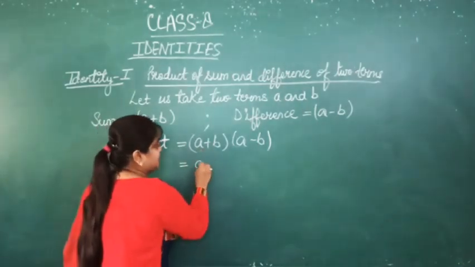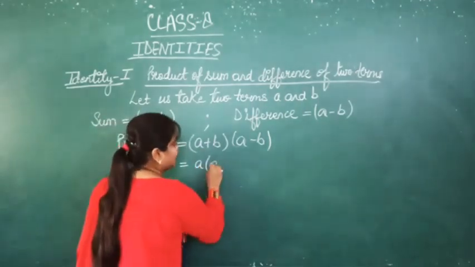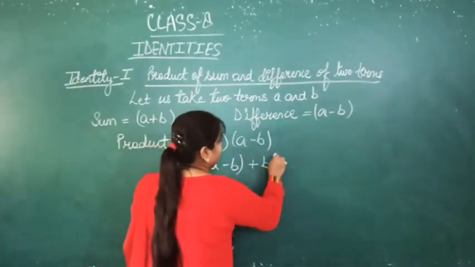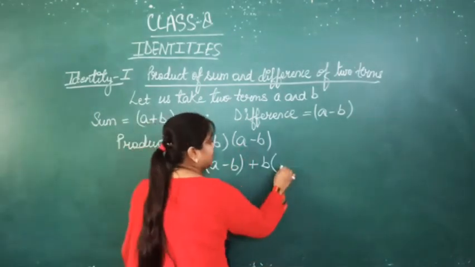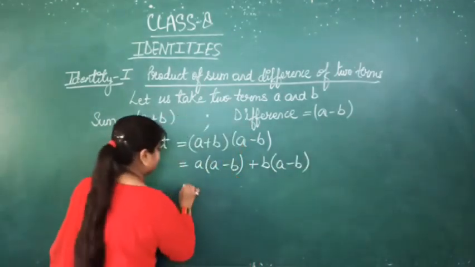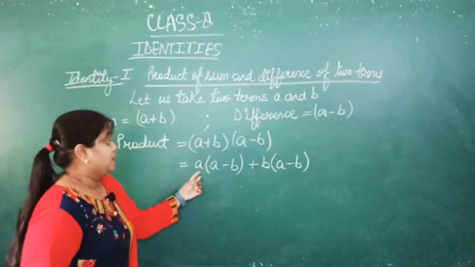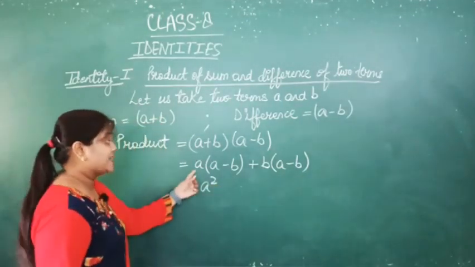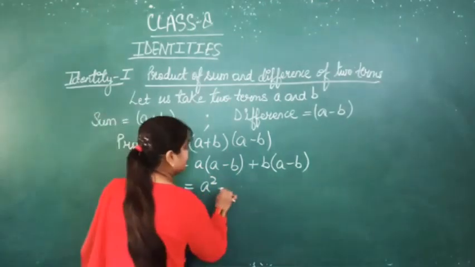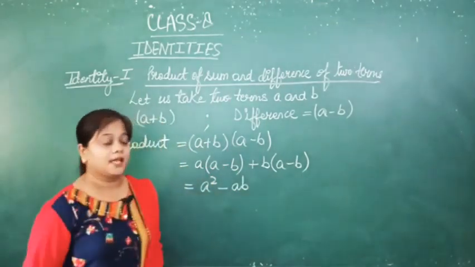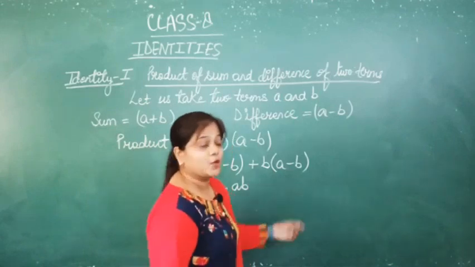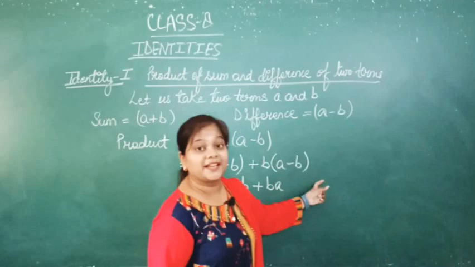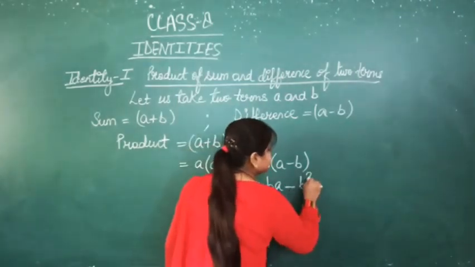For this A will be multiplied to this whole bracket A minus B, and this plus B will be multiplied to this whole bracket A minus B. Now this A into this A will give A square, and plus A and minus B will give minus AB. And plus B and plus A will give plus BA, and plus B and minus B will give minus B square.